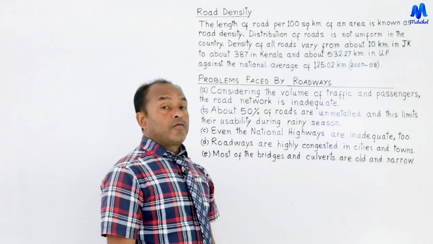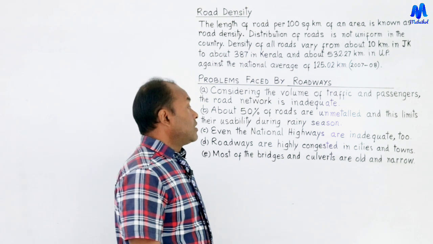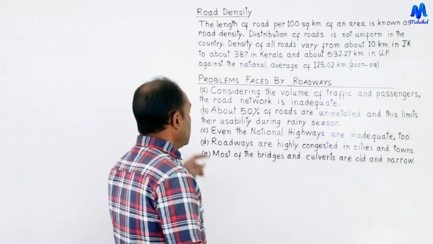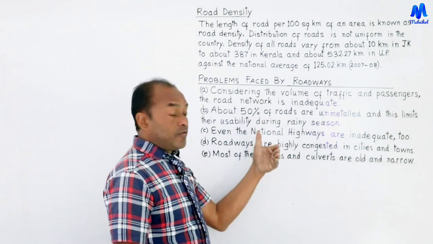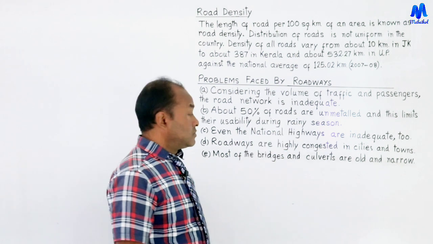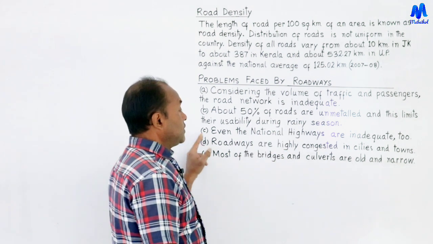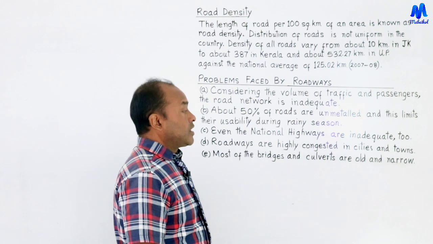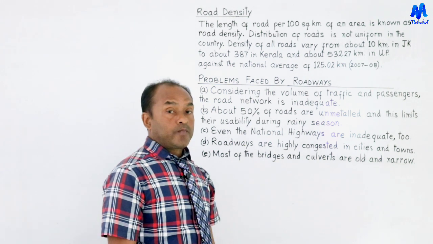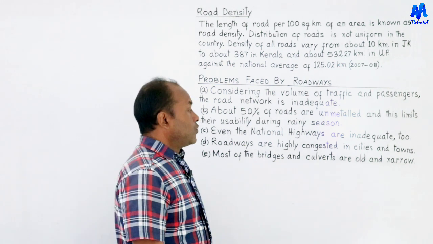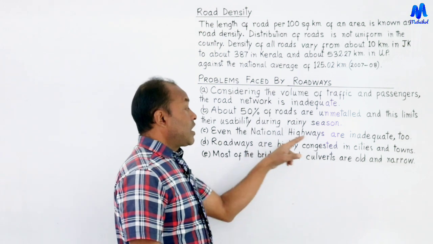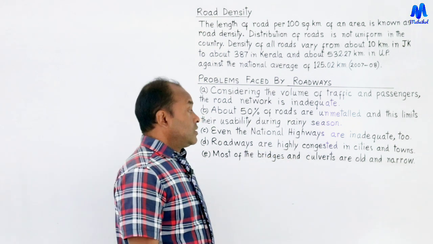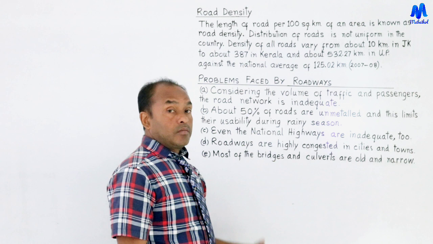About half of the roads in India are unmetalled. So this creates a problem during the rainy season. And in number C, even the national highways are inadequate too. We need more national highways. It's very inadequate.